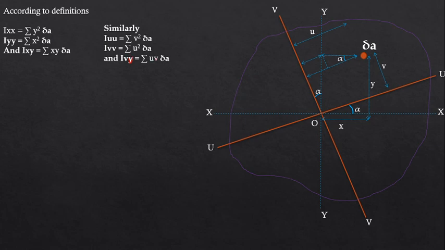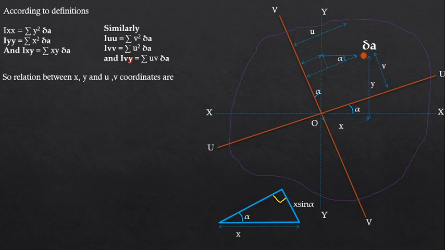So we need to find the relation between x, y and the UV coordinates, means we need to find the values of u and v in terms of x and y.